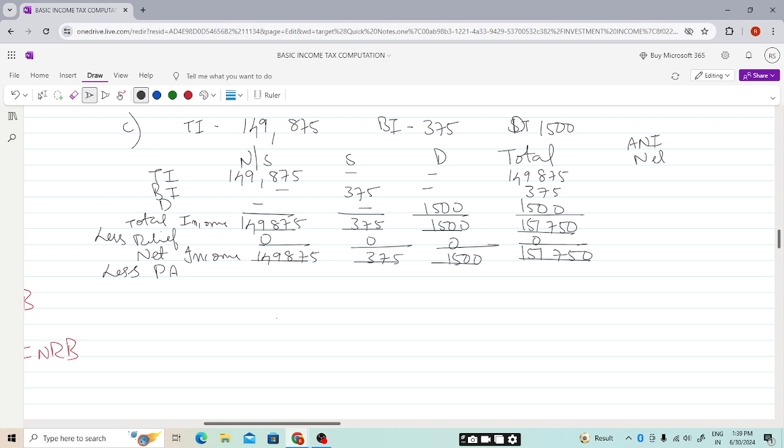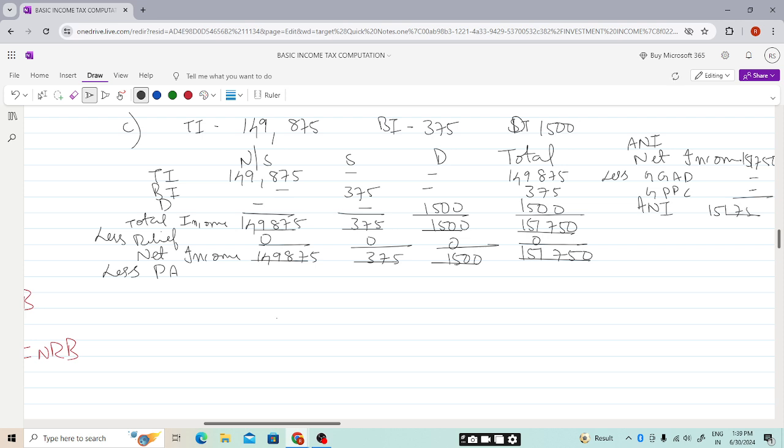ANI is net income less gross amount of gift aid donation, gross amount of PPC. So our net income was 151,750 less this, so we will be getting ANI the same as net income.